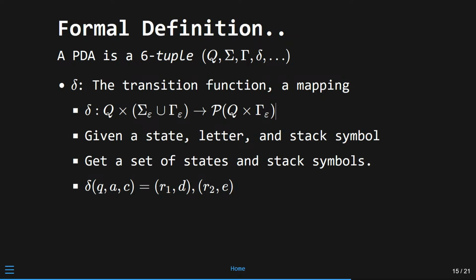This is an example of what it looks like. Given a state, a letter, and a stack symbol, I'm using C (character) for stack symbol and A (alphabet) for input symbol. Use whatever you want. Terminals, variables, terminals, variables, okay? And here's a possible state with a possible stack symbol, and here's a possible state with a possible stack symbol.